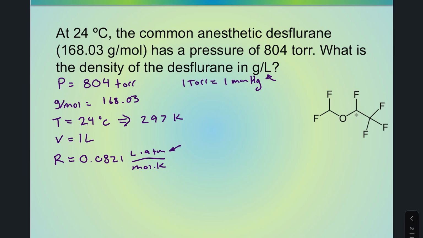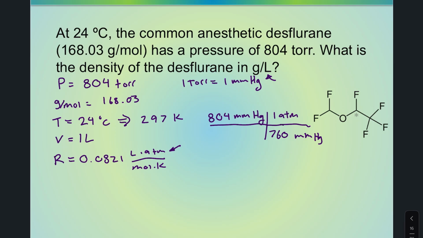So to do that, we have 804 torr or millimeters of mercury. We'll divide that by 760 millimeters of mercury for every 1 atm.